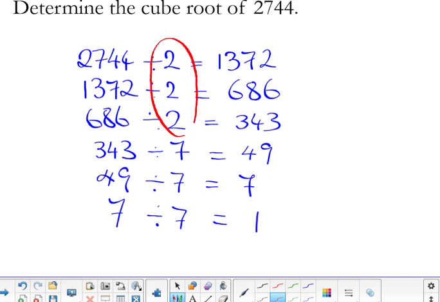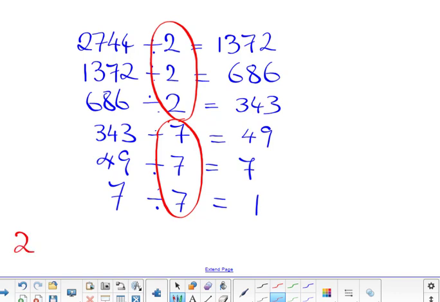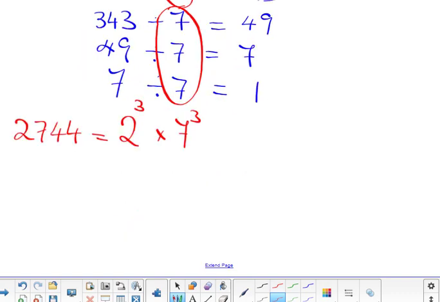We've got a group of 3 2s and a group of 3 7s. So we can write here that 2744 is equal to 2 to the power of 3 times 7 to the power of 3.